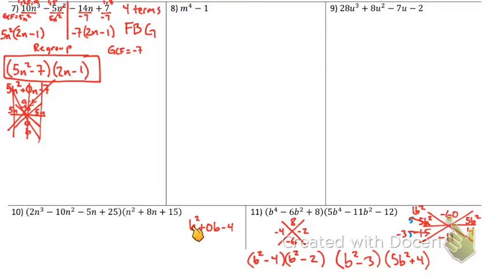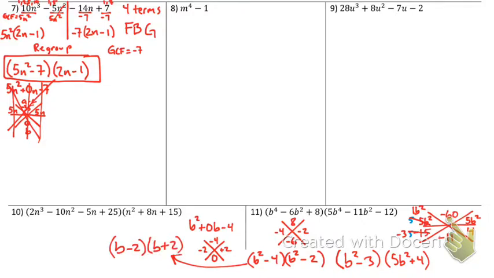This is snowflake method. Again, that's a B. I know it looks like a 6. Snowflake method, or sorry, diamond method, X method. A times C is -4. 0. What multiplies to -4 that adds up to 0? -2, +2. So this guy turns into b minus 2, b plus 2.